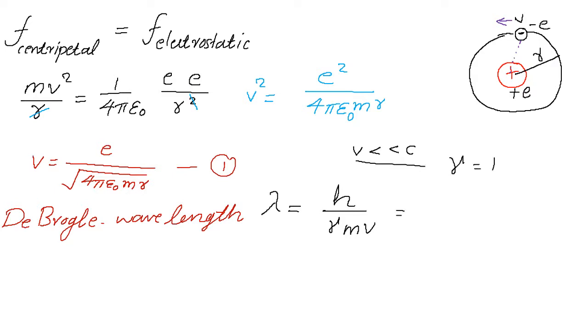That gives lambda is equal to h by mv. Correct. Now we already have the formula for V. We will make the substitution.